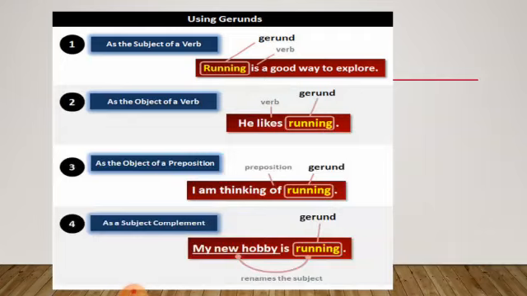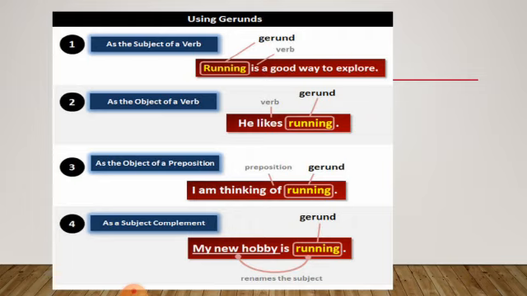As the object of a verb: running is a good way to explore. Now it is being used as a noun, so it is a gerund. It can be used as an object of a verb. He likes running. Like is a verb here and running is a gerund. It is being used as a noun.